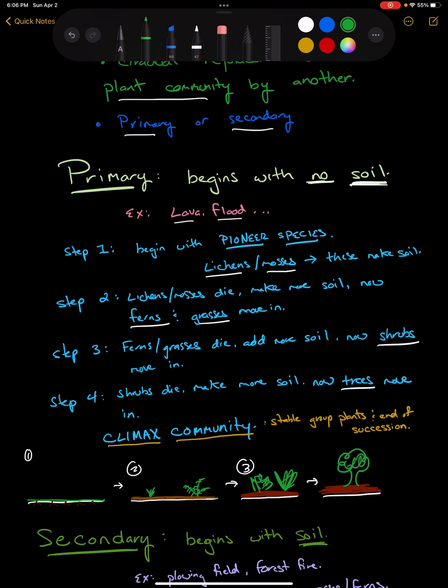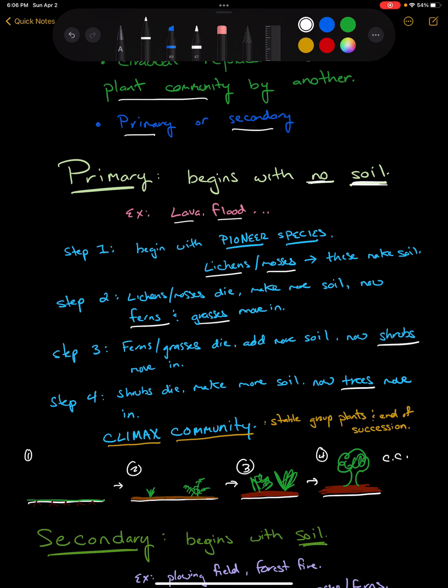And so I started with bare rock, but then as those organisms break the rock apart by their little tendrils and they die, that produces soil. Then when that soil starts to become more, I can get bigger and bigger organisms here. That's what this is. This is step 4. This is my climax community. It's a stable group of plants at the end of succession. So now I went from nothing and I can have trees growing.